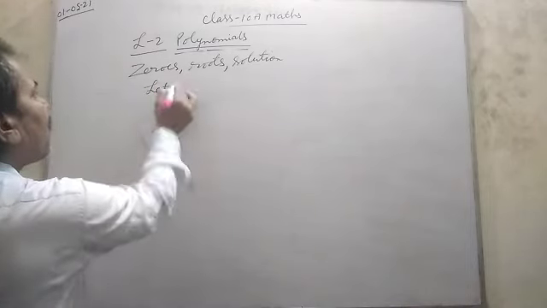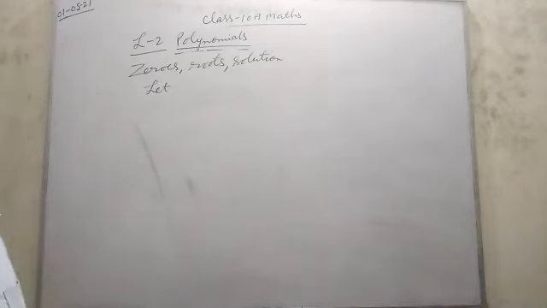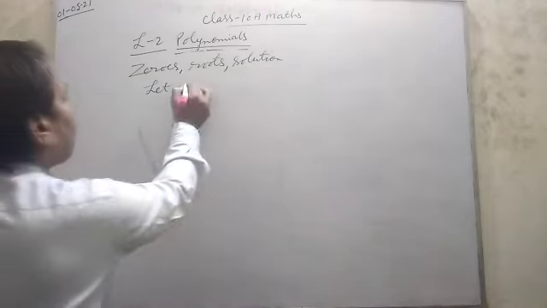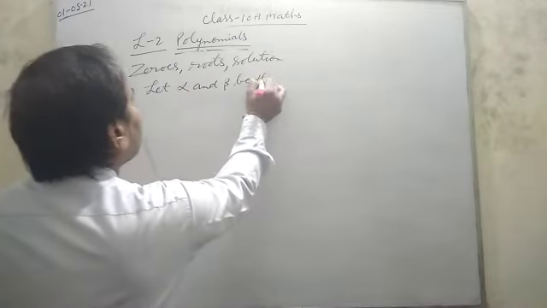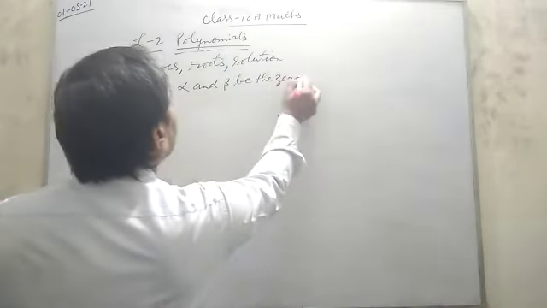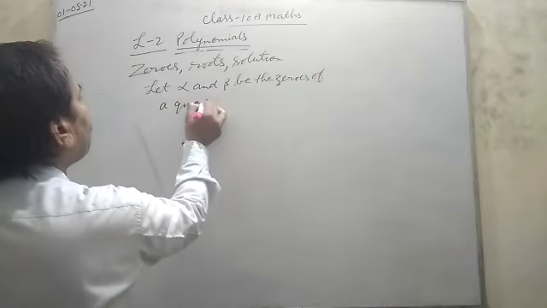For a quadratic polynomial, how many zeros will there be? 2 zeros. So let alpha and beta be the zeros of a quadratic polynomial.